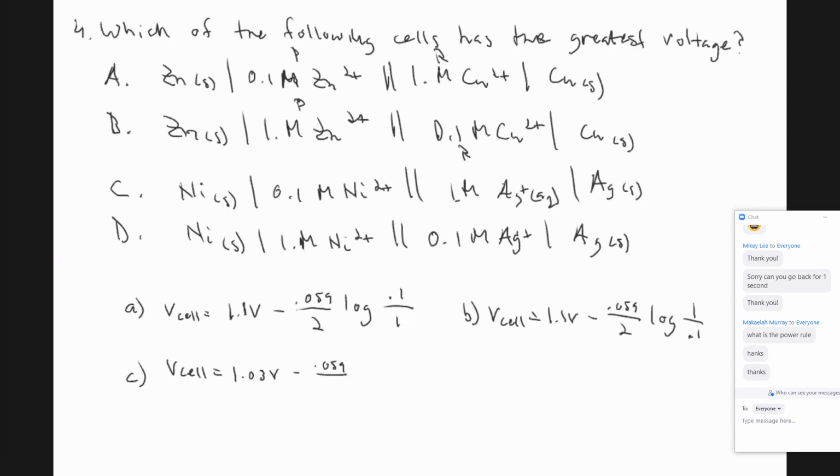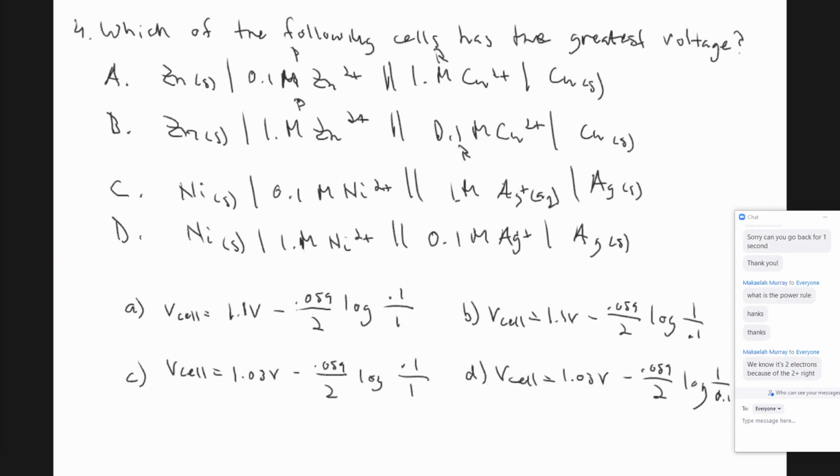And we're transferring 2 electrons still. Log of products over reactants. V cell is 1.03 volts minus 0.059 over 2 log of products, which is 1 over reactants, which is 0.1.